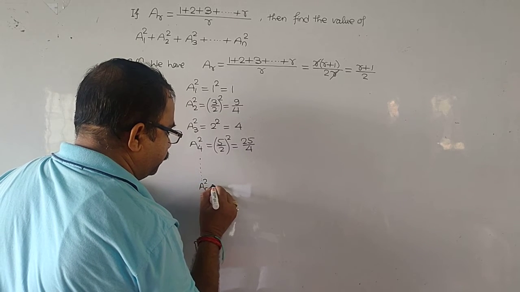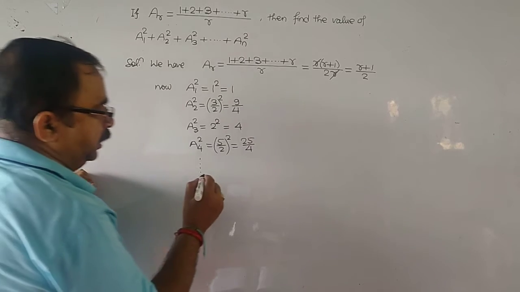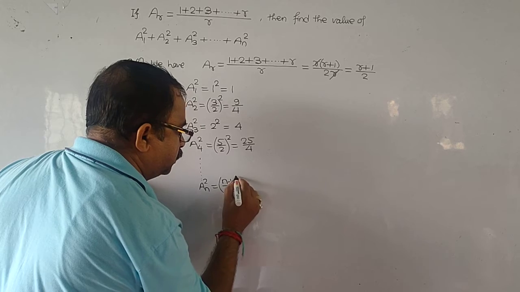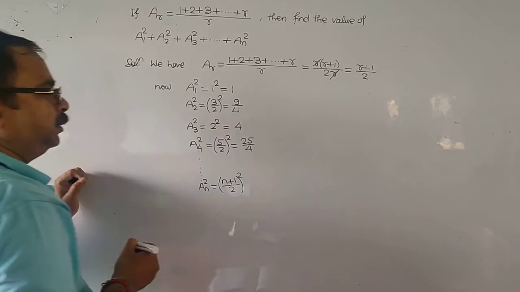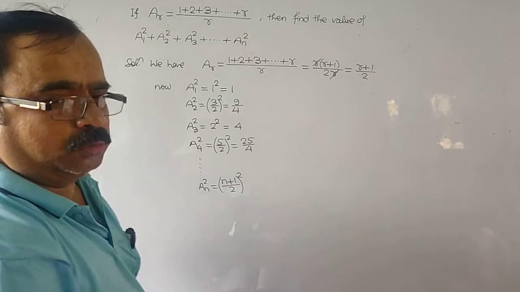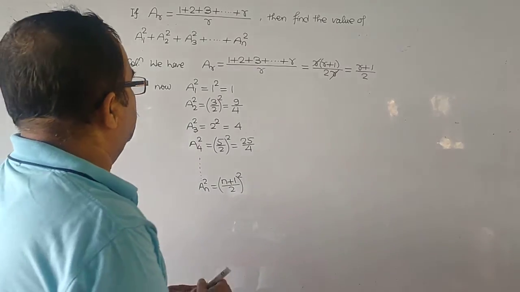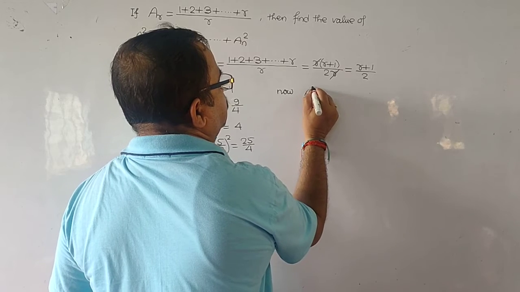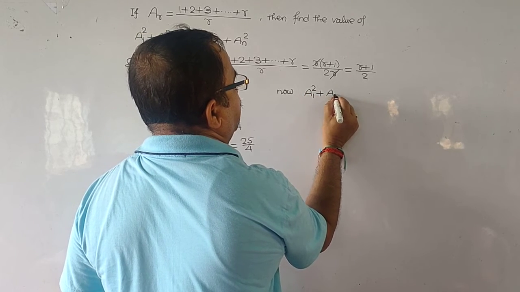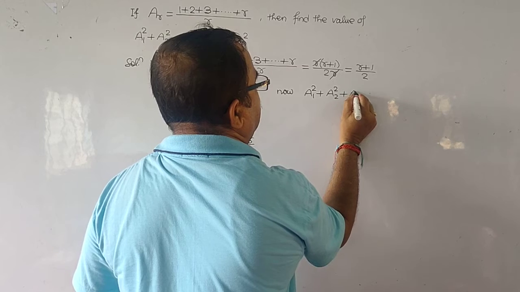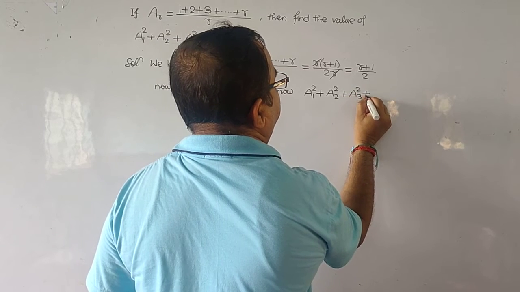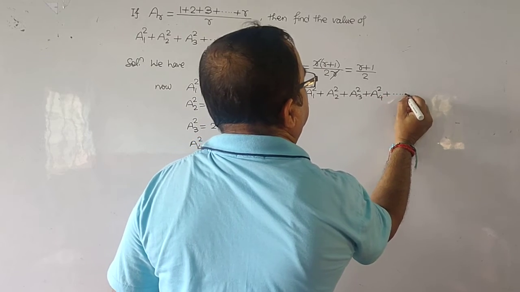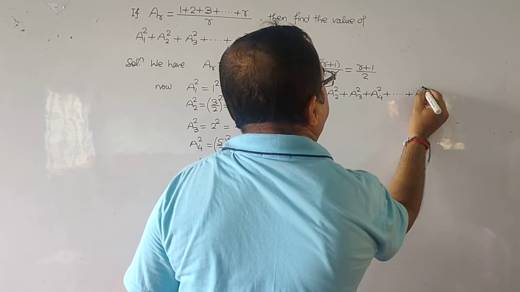An square is N plus 1 by 2 to the whole square. Now A1 square plus A2 square plus A3 square plus A4 square plus and so on plus AN square.